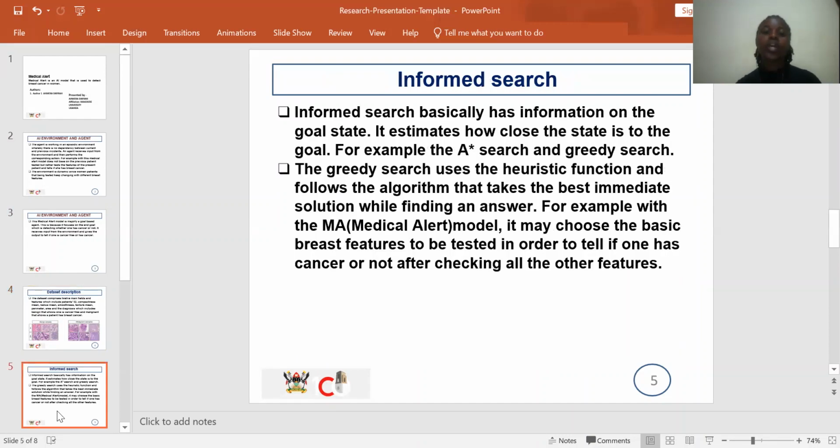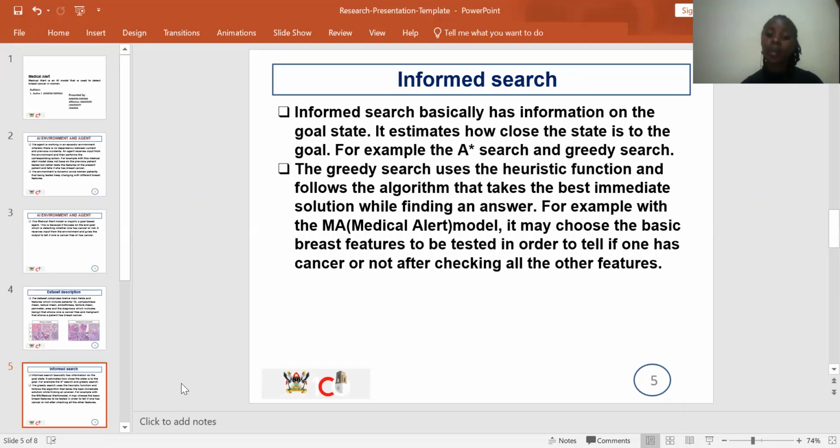So I'm going to go ahead and explain informed search and uninformed search. Informed search basically has information on the goal state. It estimates how close the state is to the goal. For example, the A star search and the greedy search are forms of informed search. The greedy search uses a heuristic function and follows the algorithm that checks the best immediate solution while finding an answer.